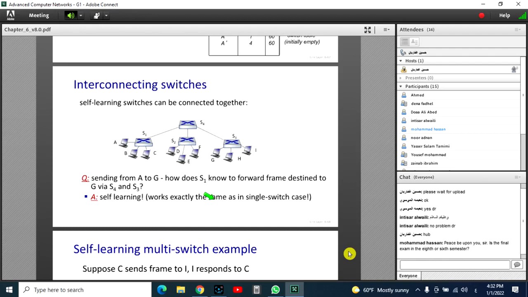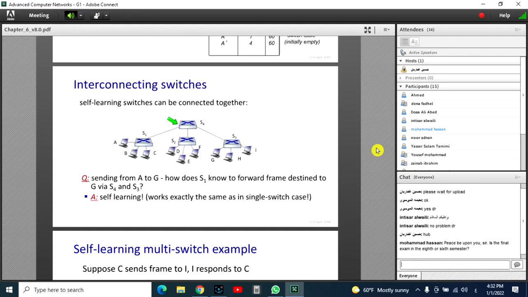We can put a switch over those floors, those sections, and then we can connect them together using another switch. It means that I can make a hierarchy in my network, inside a faculty, inside a building. I can make a hierarchy.